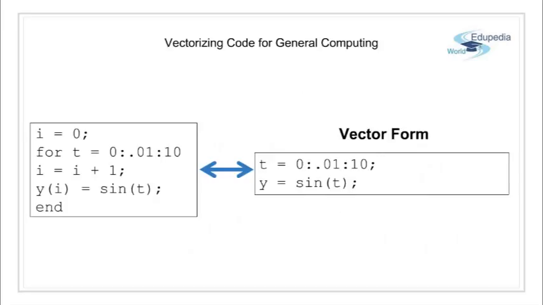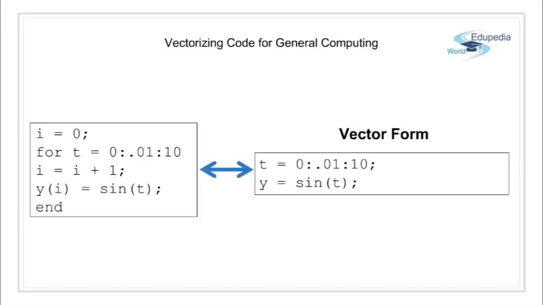Let me show you a couple of examples of what vectorization really is. On the left, in the red box, you can see a simple code snippet that computes the sine of 1001 values ranging from 0 to 10. The snippet has a for loop that iterates over 0 to 10 and then a statement that computes the sine for each iteration. This code snippet can be vectorized as shown in the green box on the right.